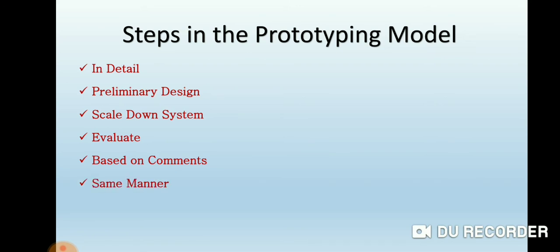The second prototype is evaluated in the same manner as the first prototype. Users are satisfied: the preceding steps are iterated as many times as necessary until the users are satisfied that the prototype represents the final product desired.